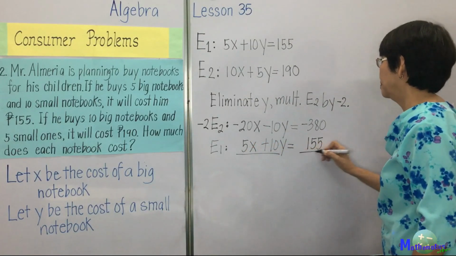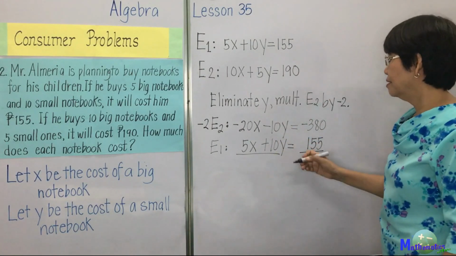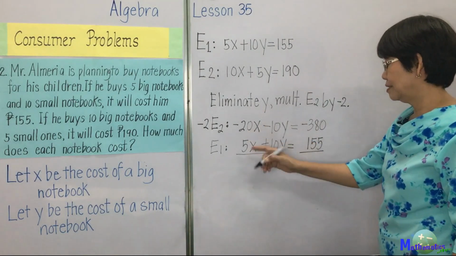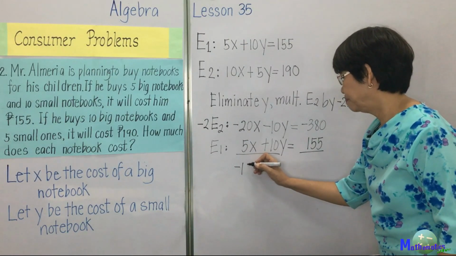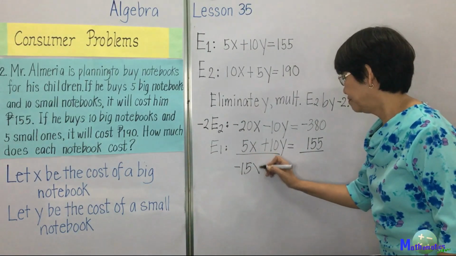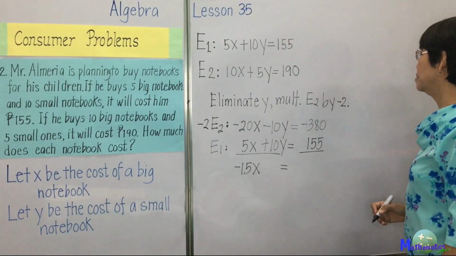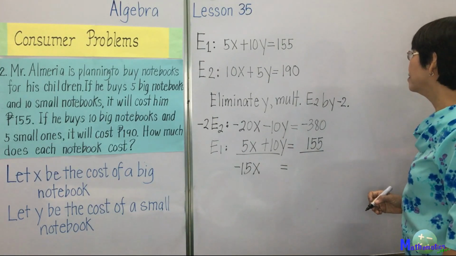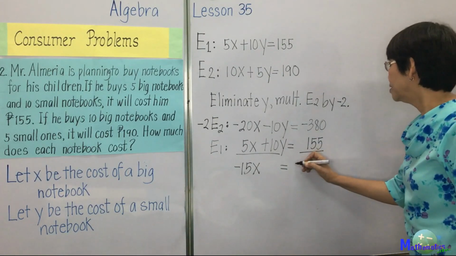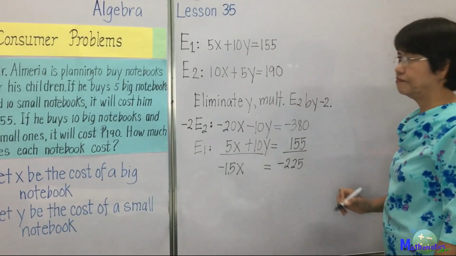Then, we add both sides. So, this is 0 and this is negative 15x equals, so negative 380 plus 155. So, we have negative 225.